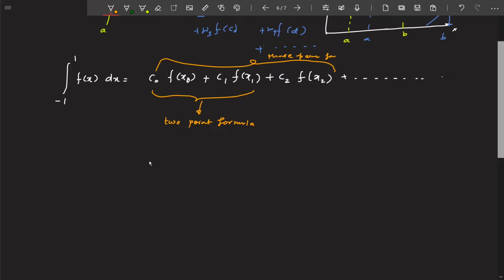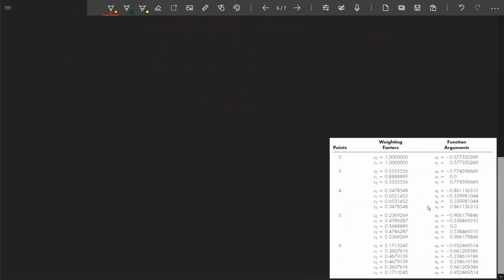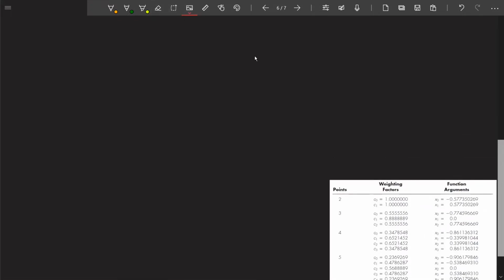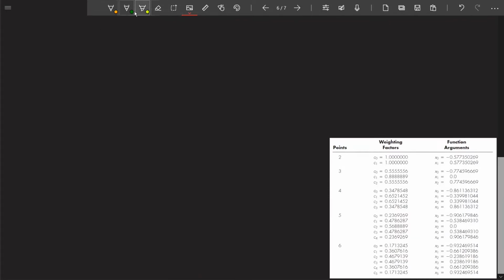The values of those formulas are here. I'm sorry, I don't know how to bring it here. Anyways, we will just discuss it here.